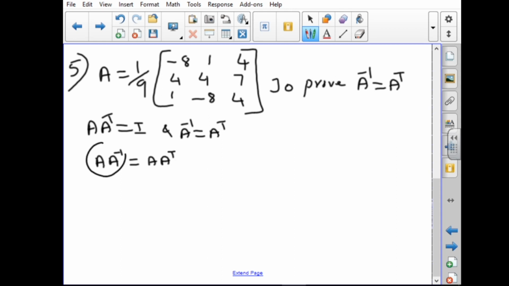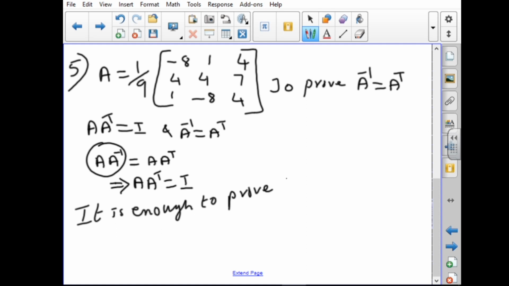A into A inverse is nothing but I. Therefore, we can take this as A into A transpose is equal to I. So it is enough to prove that A into A transpose is equal to I. So we will find A transpose now.